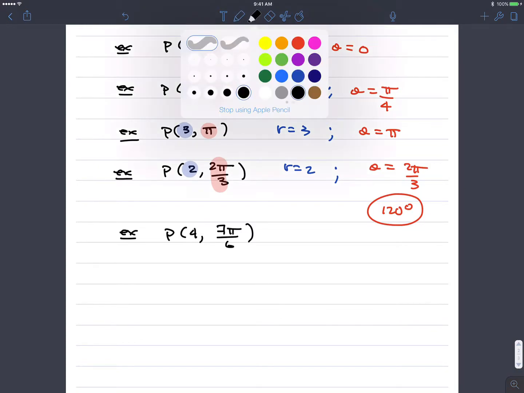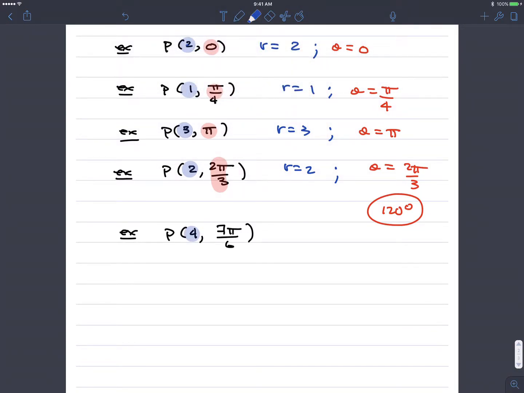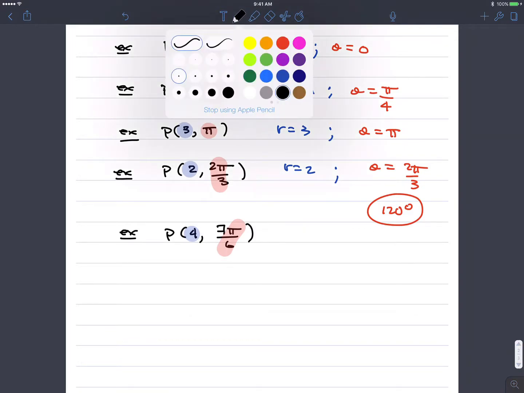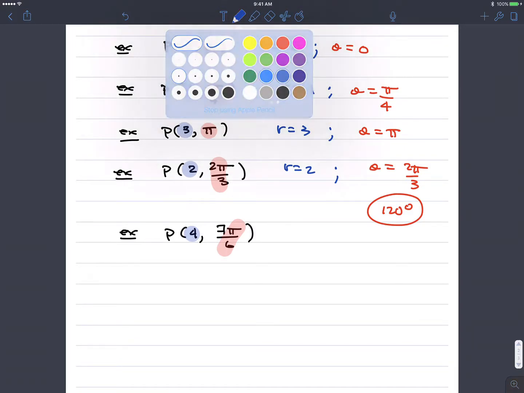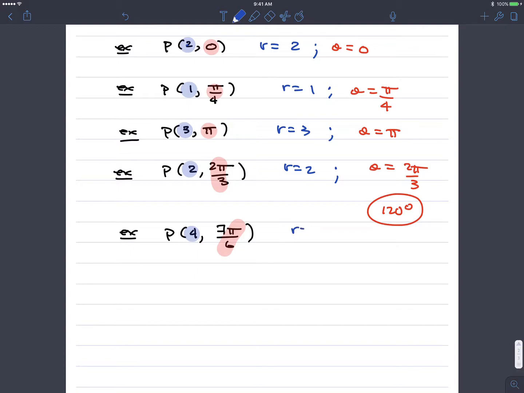What's our radius? Radius is 4, good. What's the angle? 7 pi over 6. All right, let's write this down. My radius will be here 4, and then my angle theta is 7 pi over 6.